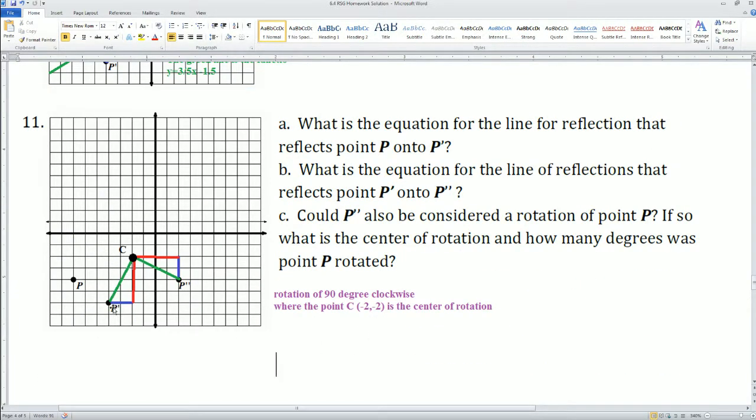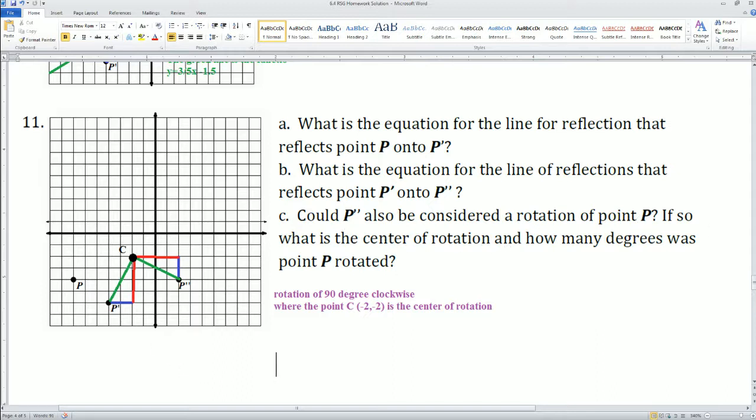From P, P double prime could go from, I know it could have been a rotation from P prime to P double prime. But can P double prime also be considered a rotation of point P? If so, what is the center of rotation?